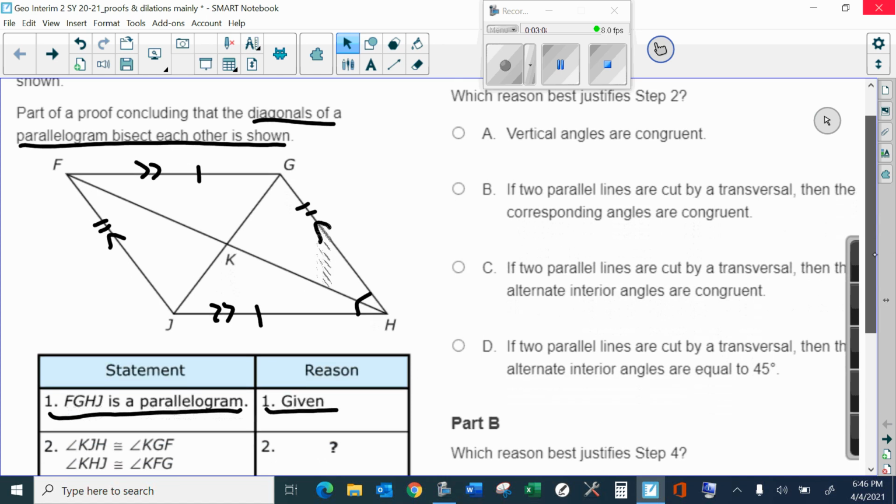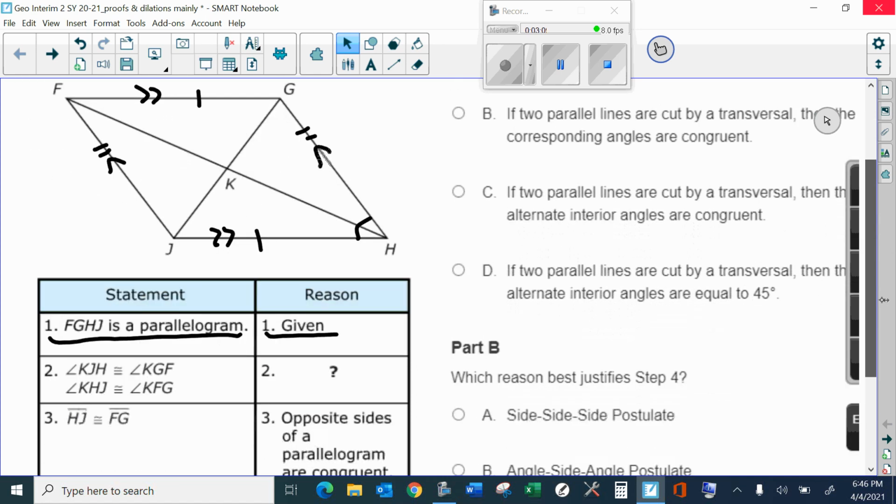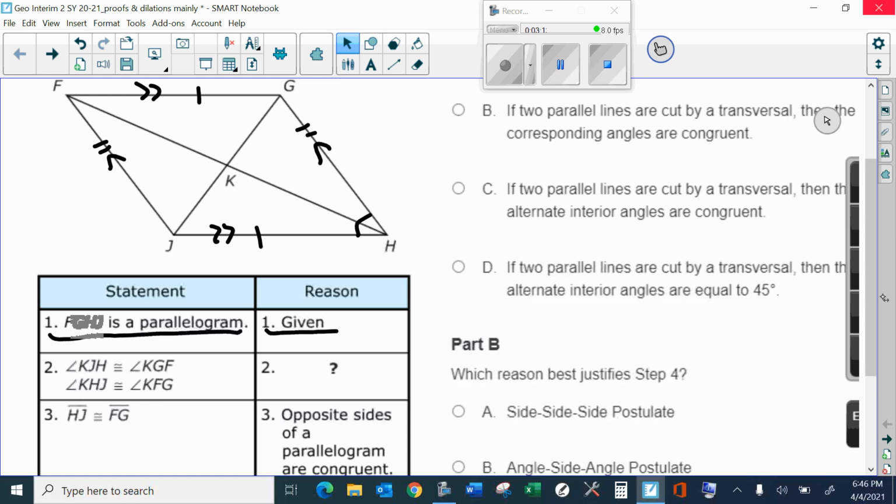Okay, so now let's look at what it's saying here. We're filling this proof in. This angle KJH right here, that angle, we'll even change the color, KJH is congruent to KGF. Well, I should see that automatically. Before anything else, I should automatically recognize this AIA, alternate interior angles.